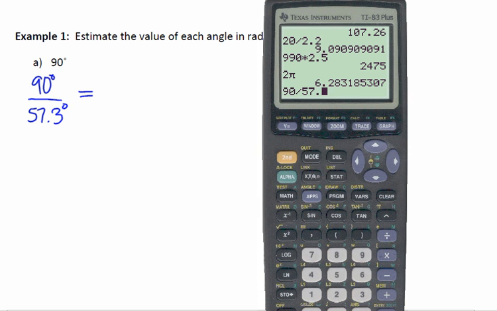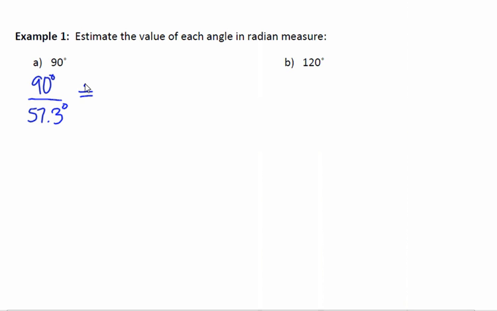The easiest way to estimate how many radians something has is to divide by our approximation. So 90 divided by 57.3 gives us approximately 1.57 radians. Okay, what would be the next one? We're going to use 57.3, a little bit more accurate.